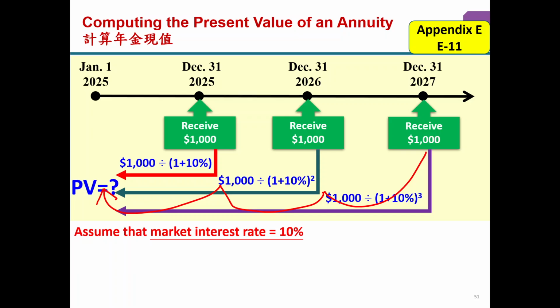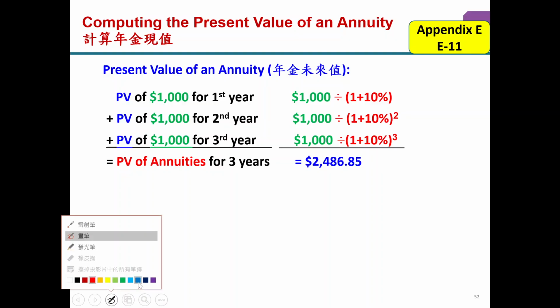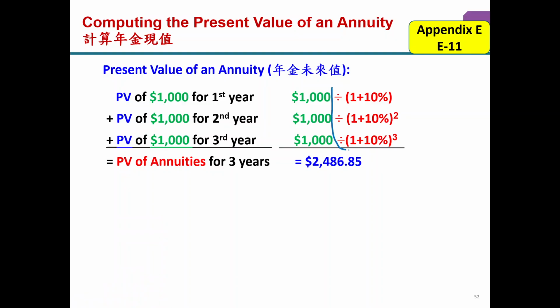So again, you can just do your jobs. Find the present value of 1,000 for each one, then add up together, okay? So you can do your job by yourself. Or again, accounting will do the job for you guys. So based on this part, we do the job. So what kind of job have we done? We try to get 1 divided by 1 plus 10% to the power of n, okay?